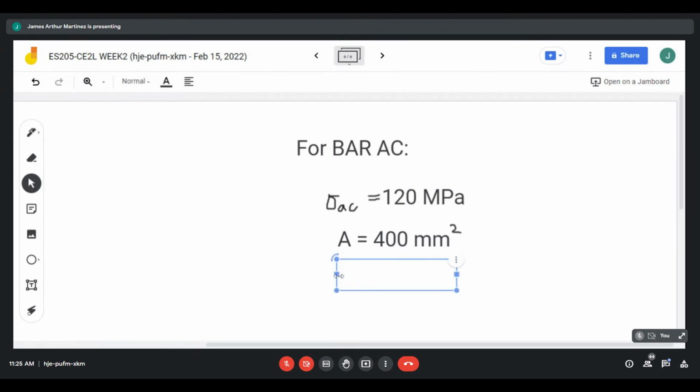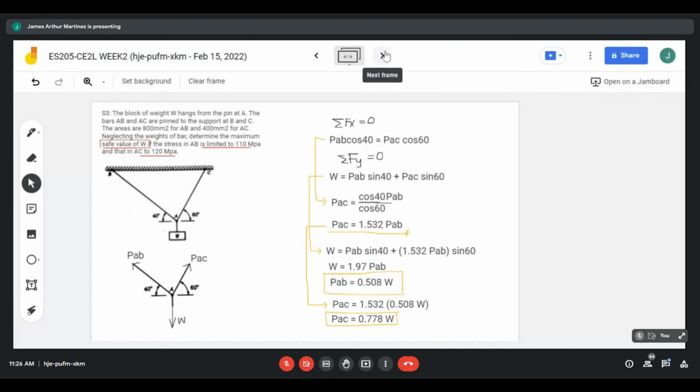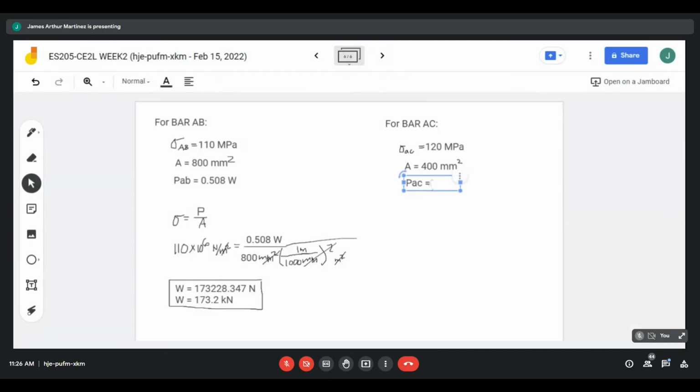And the applied load, or the internal force at AC, is equal to 0.778 W.